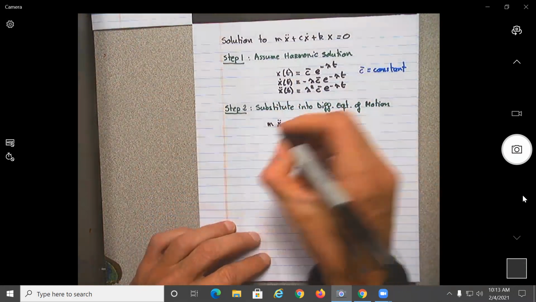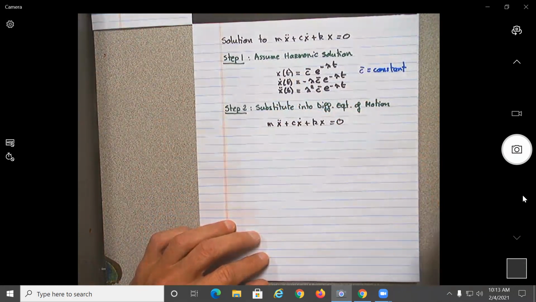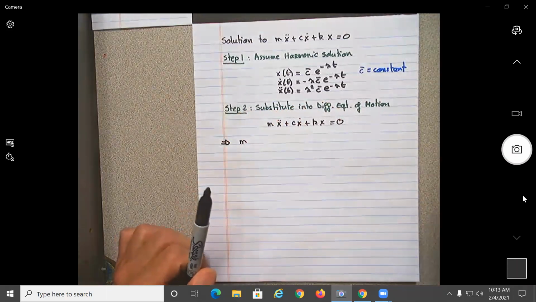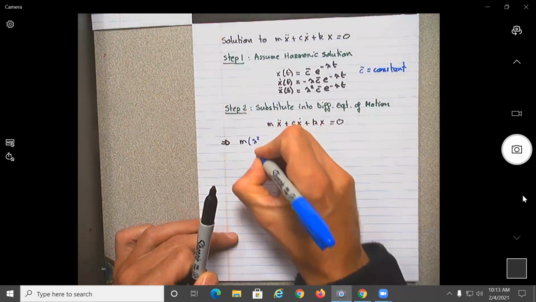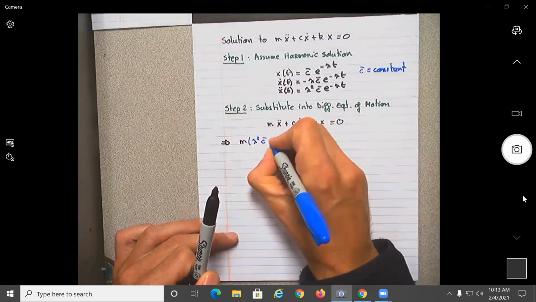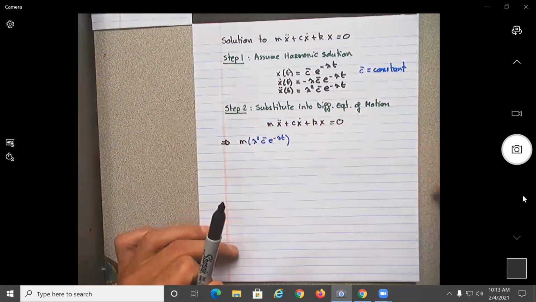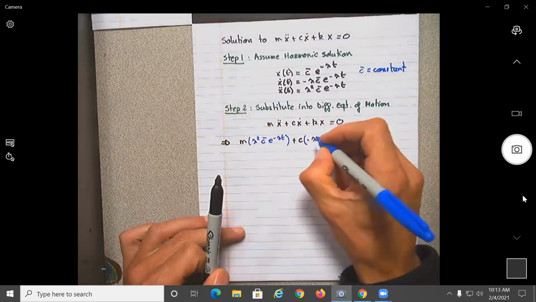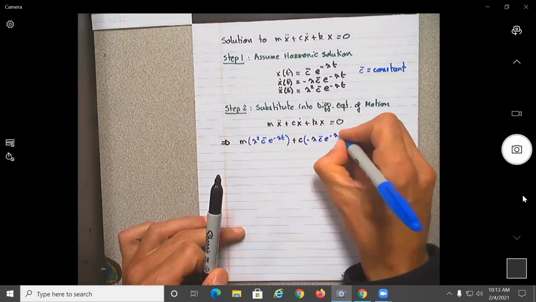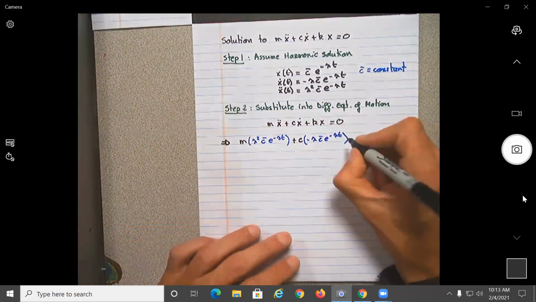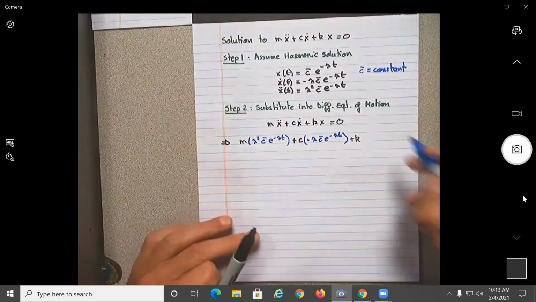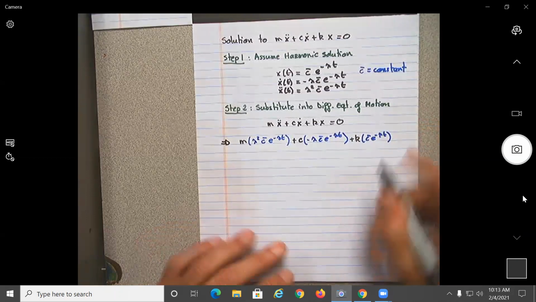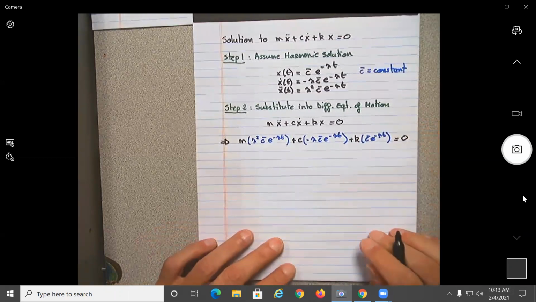So this will give what? So we'll have here m times lambda squared C bar exponential of minus lambda t, plus c times minus lambda C bar exponential of minus lambda t, plus k times C bar exponential of minus lambda t, equal to 0.